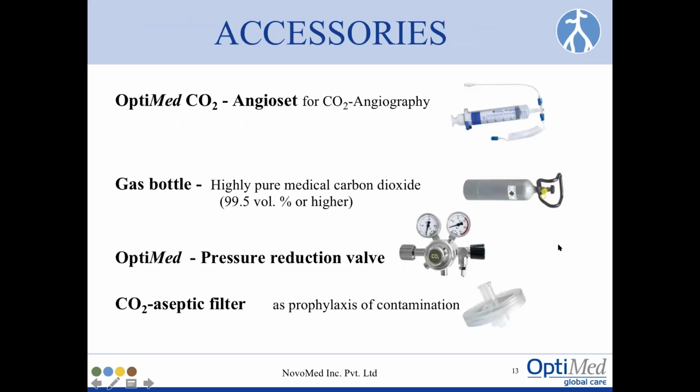These are some of the accessories. Just a repetition: when you start doing an angiography using carbon dioxide, there is a syringe, you need a cylinder, and you need the adapter, which also comes with various valves that you can regulate.